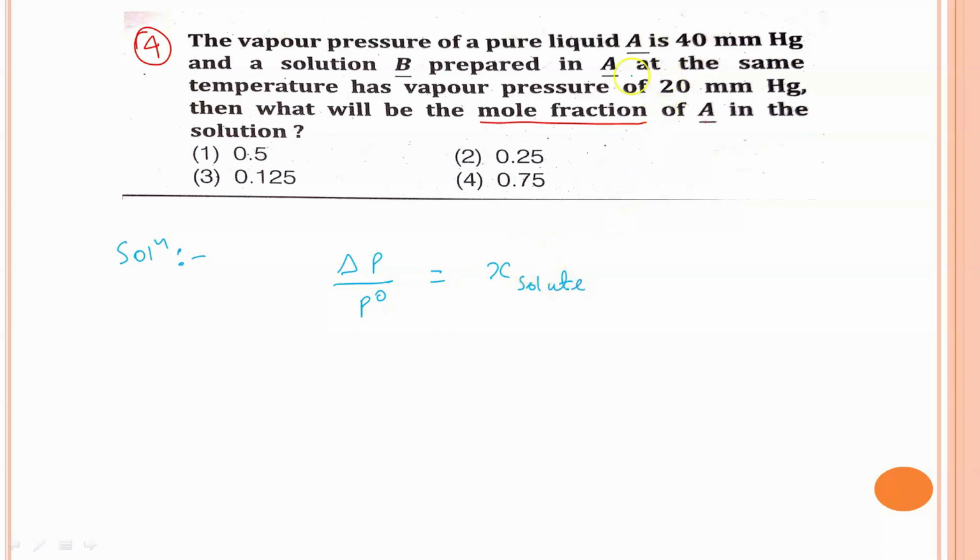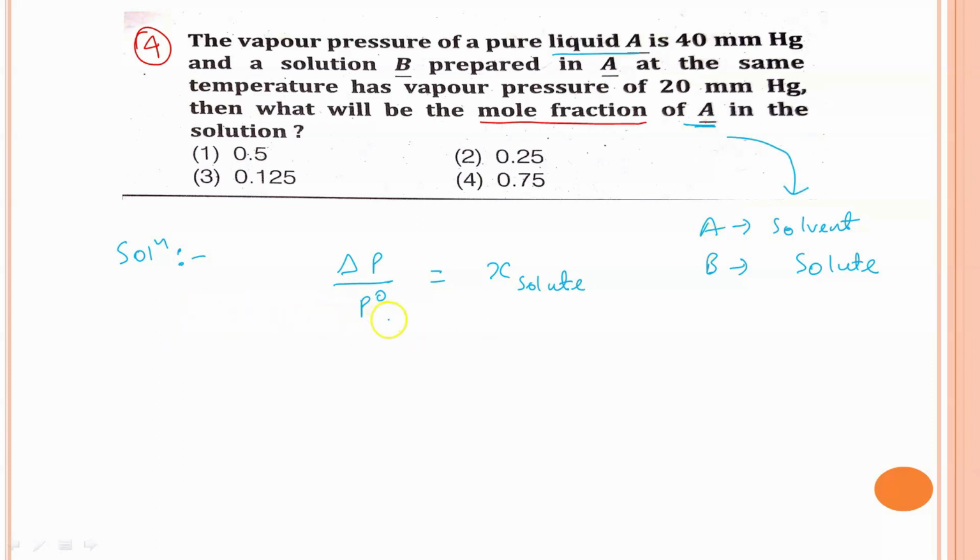So here, from the given question, this liquid A is solvent while B is solute, and we have to calculate the mole fraction of A, which means we have to calculate the mole fraction for solvent.